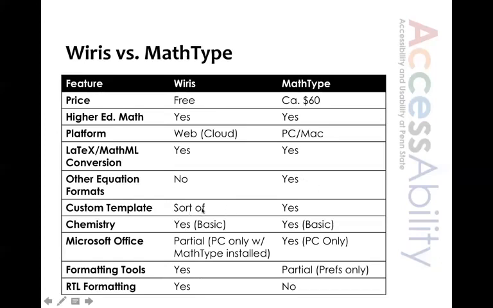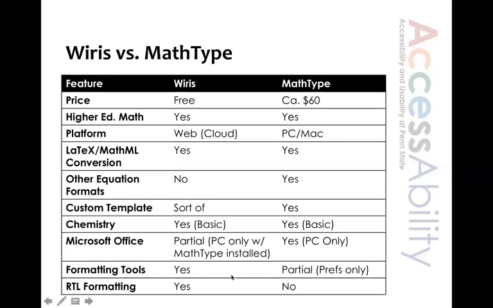Really what you see is what you get in terms of tool sets. With MathType, you can program templates if you need to. Both of them do a little bit of chemistry, so they can do things like simple chemical equations, but some complex formulas where you have polygons showing, not necessarily.